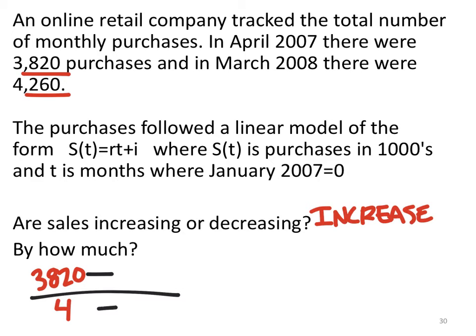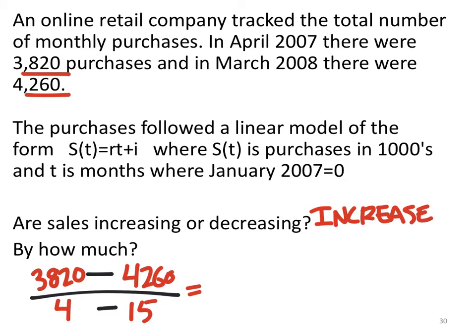And then in March 2008, so that's almost a year later, January 2008 is 13, January, February, March, that's 15 months after January 2007. But it's 4,260 purchases on that. Well, we can solve this, and that would tell us the slope.